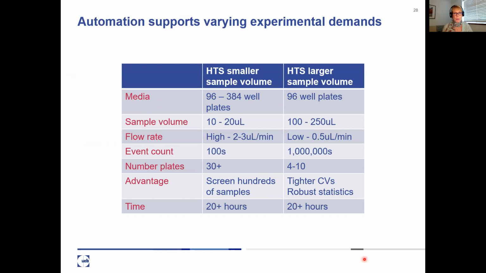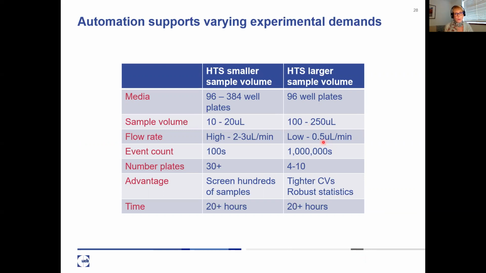So automation supports varying experimental demands, and certainly in our hands and in the environment that I've tried to describe to you already, high throughput does not necessarily equate to small volumes.